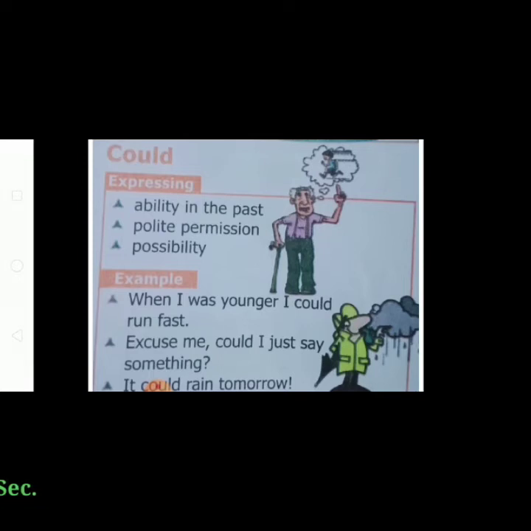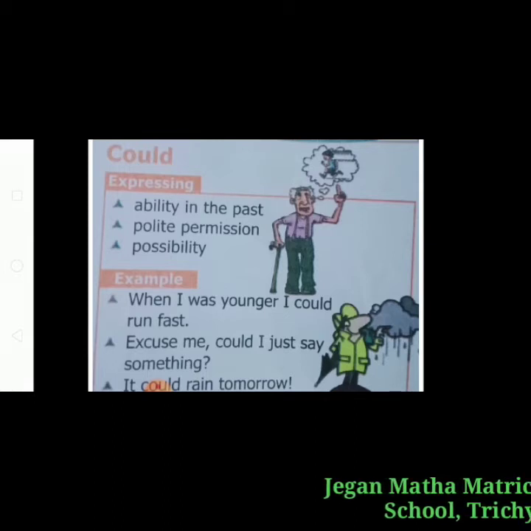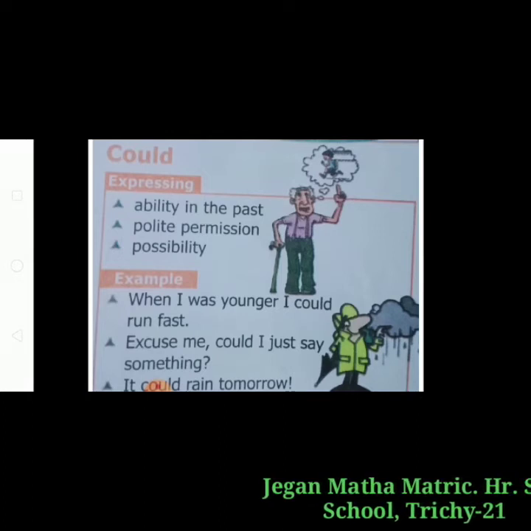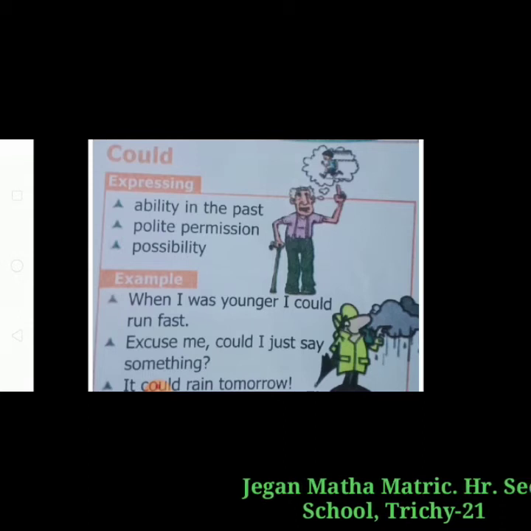It is used to express ability in the past, a polite permission, a polite request in the present in the form of a question, and possibility. So ability in the past: when I was younger I could run fast.